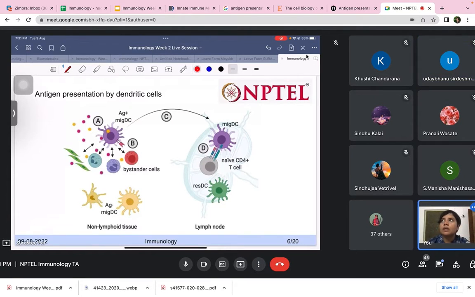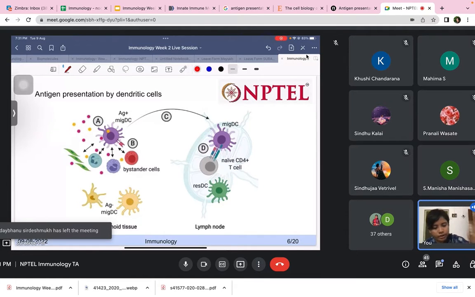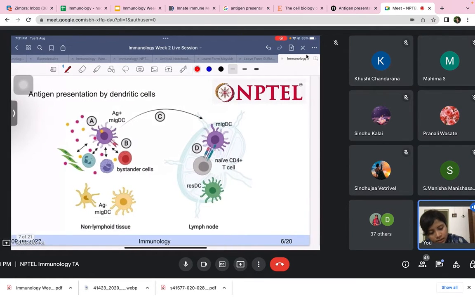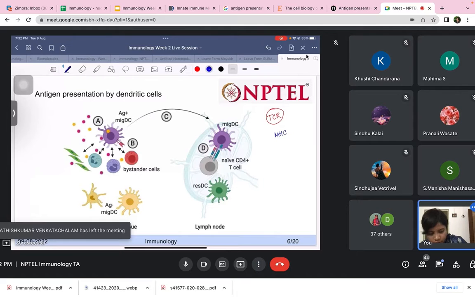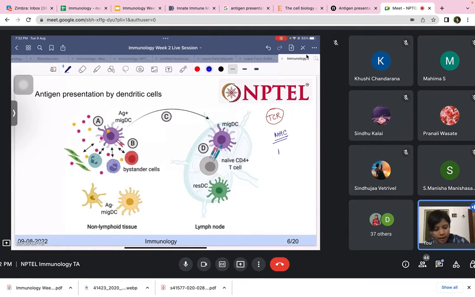He was asking that, as in our previous session, the TCR or the T cell receptor can interact with the antigen only with the help of MHC molecules, right? So MHC is the mediator between the interaction of TCR and the antigen. This was what we were discussing previously.